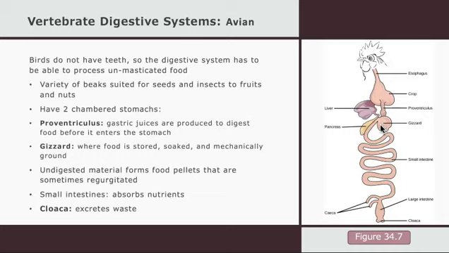And then our undigested material is going to form pellets that are sometimes regurgitated. And the rest of the digestive system will be similar to what we know. So the small intestines here is going to absorb the rest of the nutrients, and the rest of the waste products will be excreted through an opening known as the cloaca.